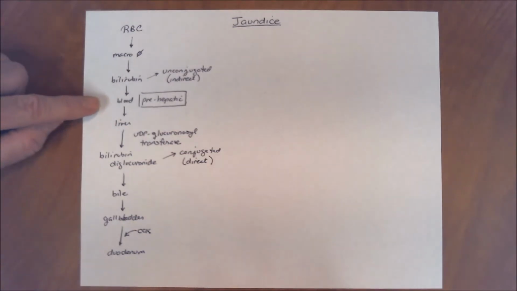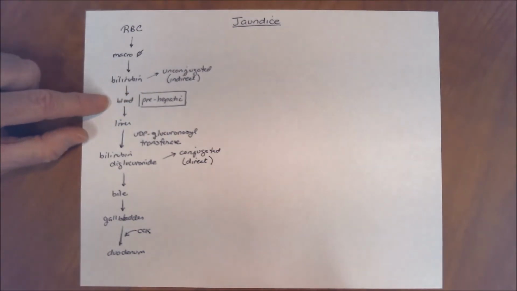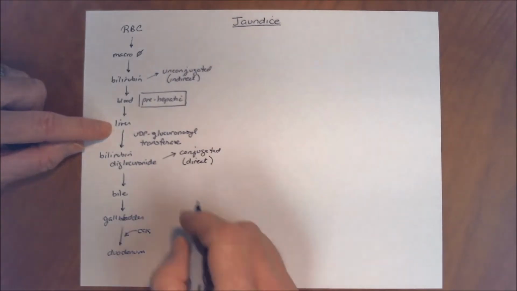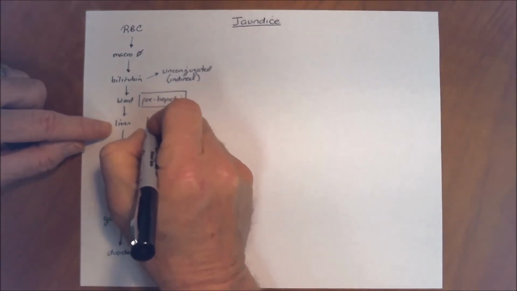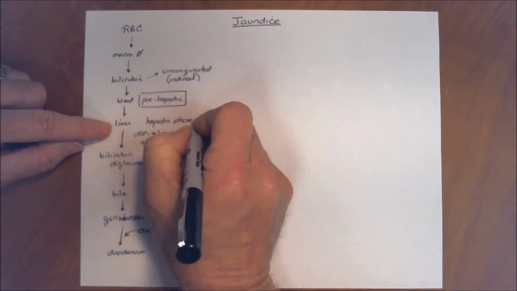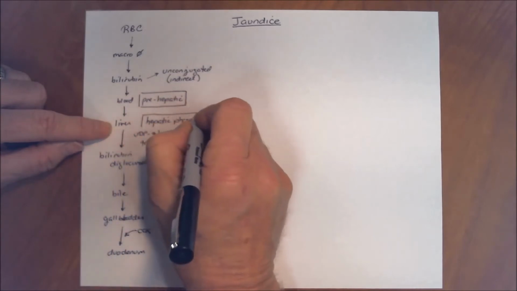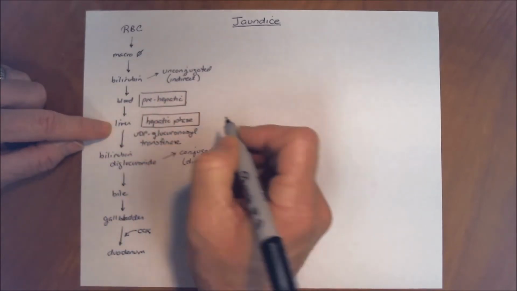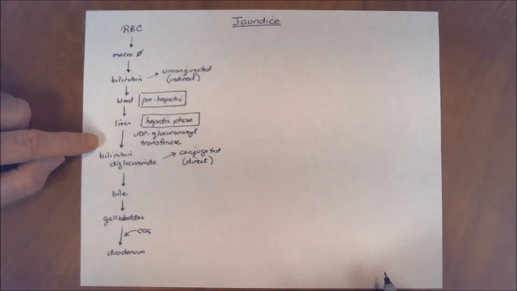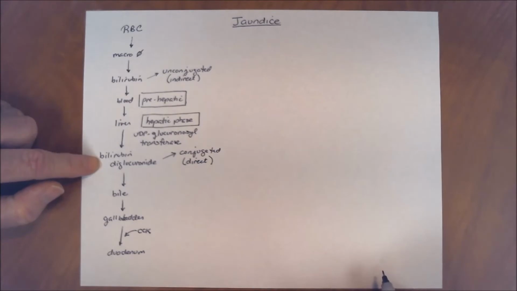Now, if we back up here, we saw the prehepatic phase of heme degradation. If we look at the liver, this is considered the hepatic phase. And the hepatic phase is simply the phase where the hepatocyte is taking up the bilirubin inside the hepatocyte and conjugating it to form bilirubin diglucuronide.